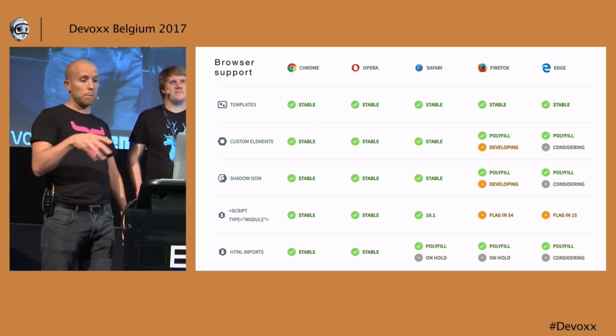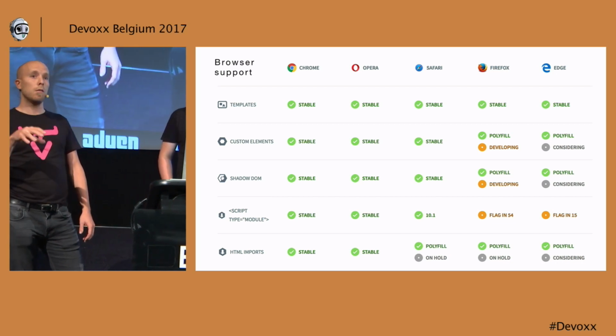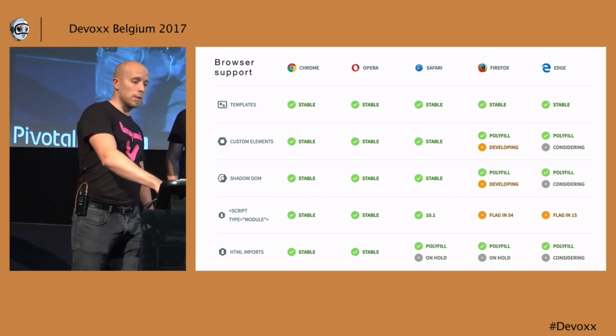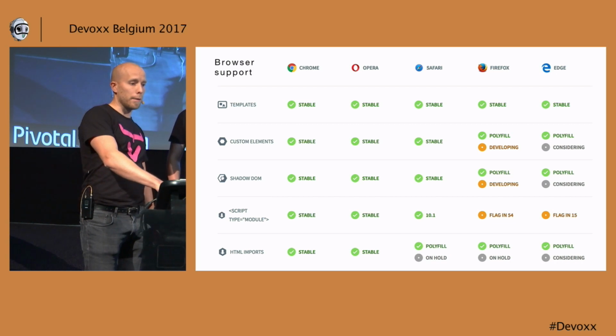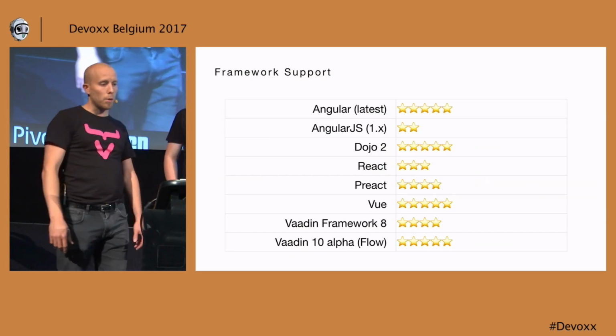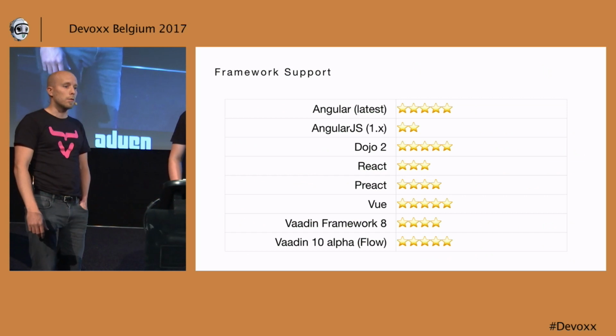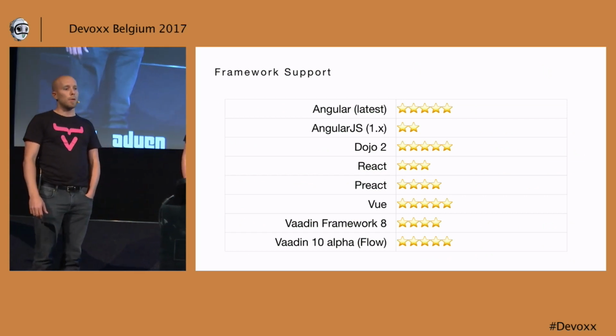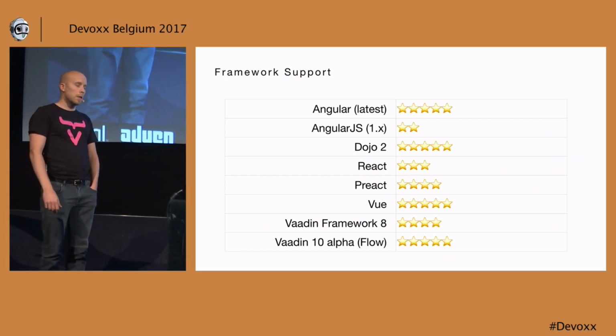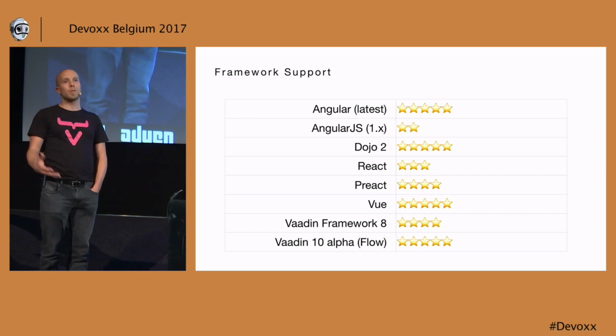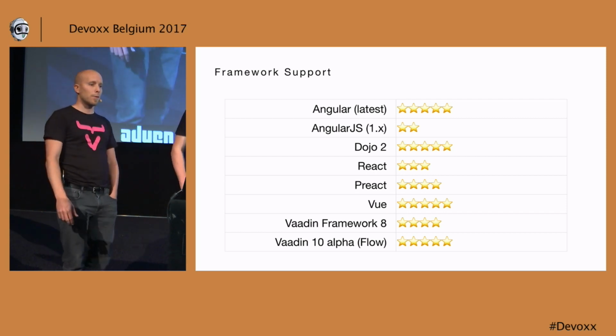Of course, using these polyfills makes your application a bit slower, but at least you can start using these emerging standards today already. And framework support is getting better all the time. If you, for example, have tried to use web components in old Angular versions, you could use them, but it didn't bring that much aid for you there.